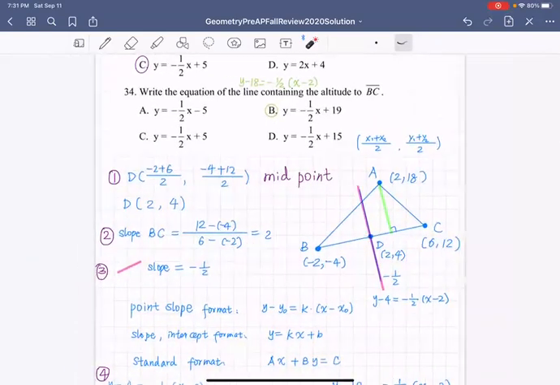At the beginning when we learn geometry, they say, okay, you have this point, what's the midpoint? That's one question. And then a second question: you have this point and this point, what is this line's slope? That's the second question. And then the third question says you have a line perpendicular to this, this slope is 2, pink line slope, how much? -1/2.